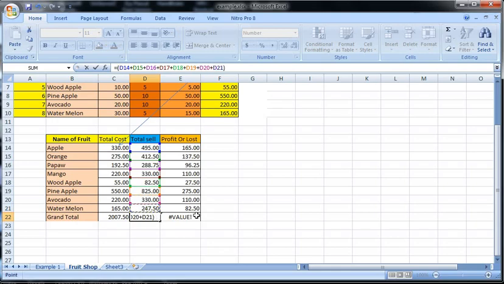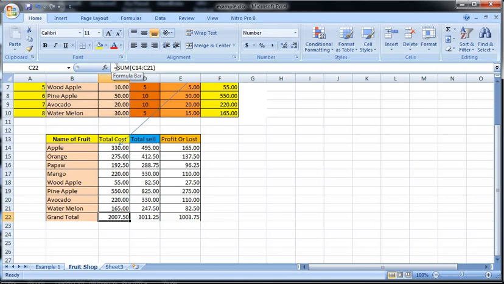So you have to decide whether you are going to use a formula or a function. So it's up to you to decide whether you want a predefined function or a formula that you intend to add like this.